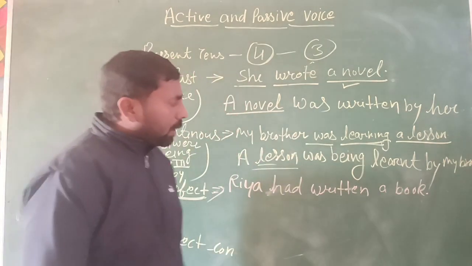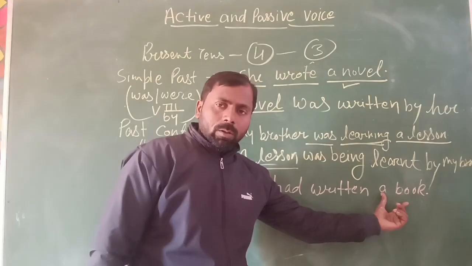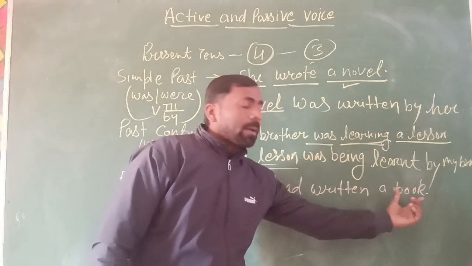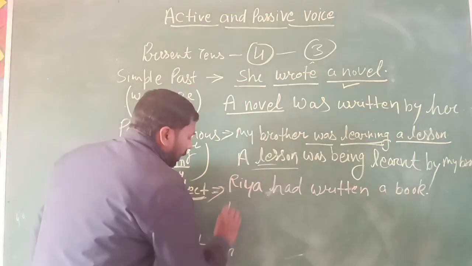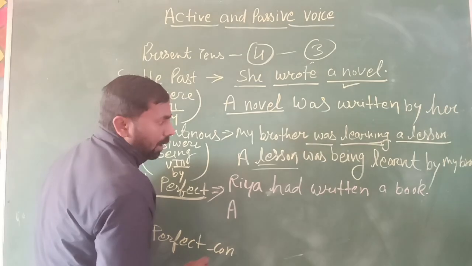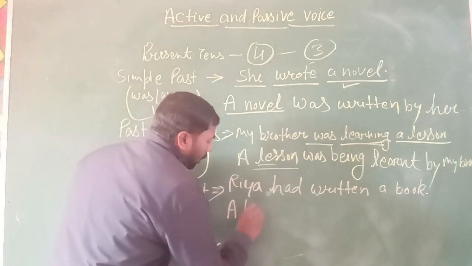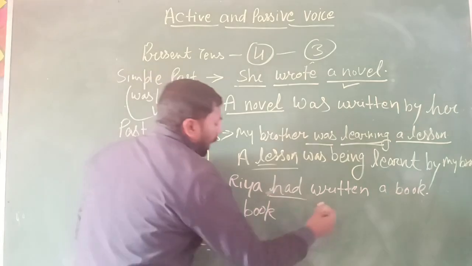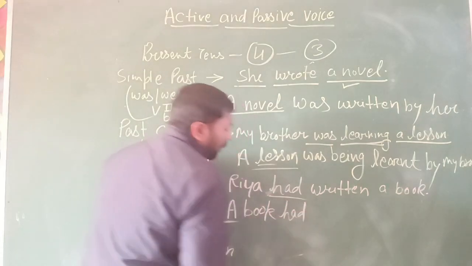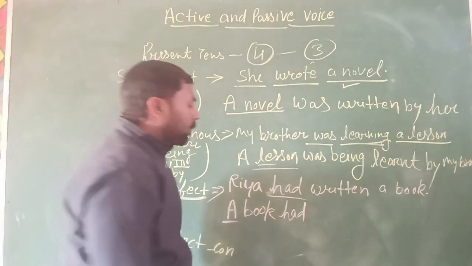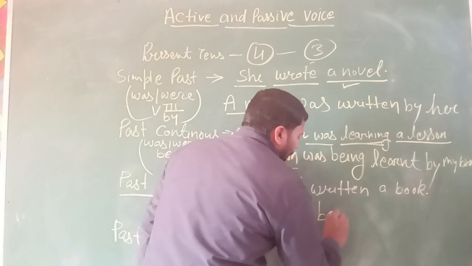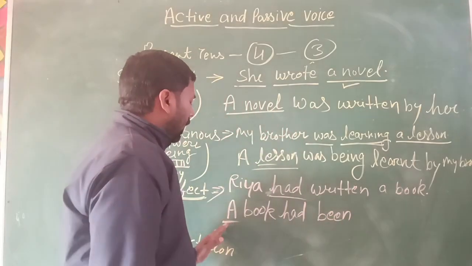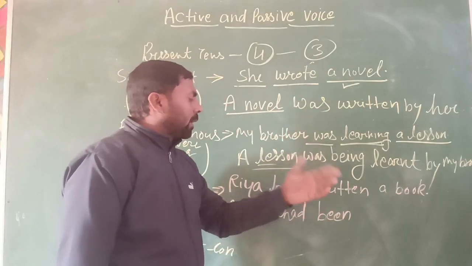Okay, first we pick up the object. The object is a book. It will replace the subject, a book. It is singular, so don't worry. You can add had. After had, you can write been. A book had been, then the verb third form.